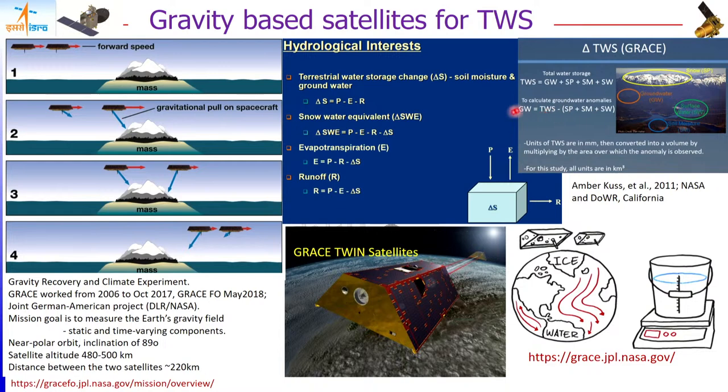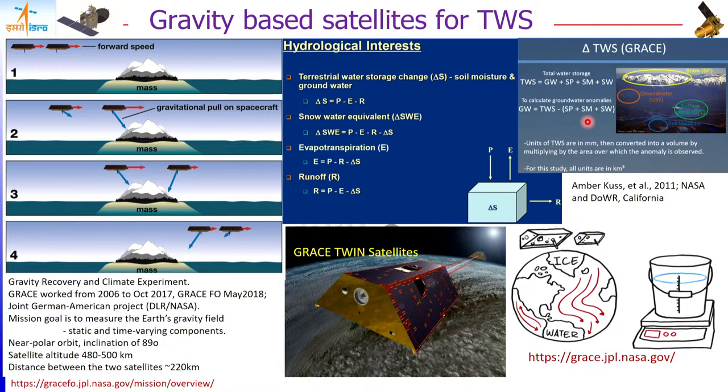So depending upon how you solve this water problem, it is the terrestrial water storage, which is a combination of groundwater, snowpack, surface water, and soil moisture. And if you want to infer the groundwater, if you know the other components, you can estimate the groundwater. This is because it requires a significant mass, and before the GRACE satellite, this was used by mineral and oil exploration companies, or the geodetic organizations of the country, who used to do aerial surveys for gravity anomalies.